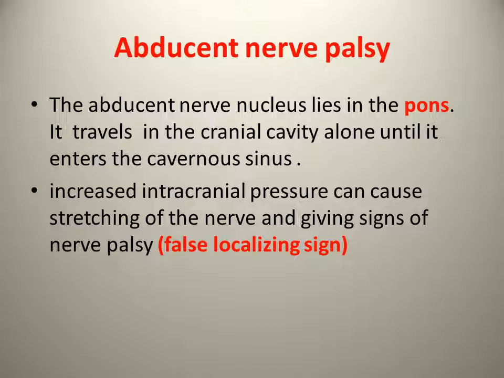So, increased intracranial pressure caused either by a space occupying lesion or benign lesions that we call idiopathic intracranial hypertension. Both of these cause stretching of the nerve as it passes over the petrous temporal bone, giving rise to abducent nerve palsy.